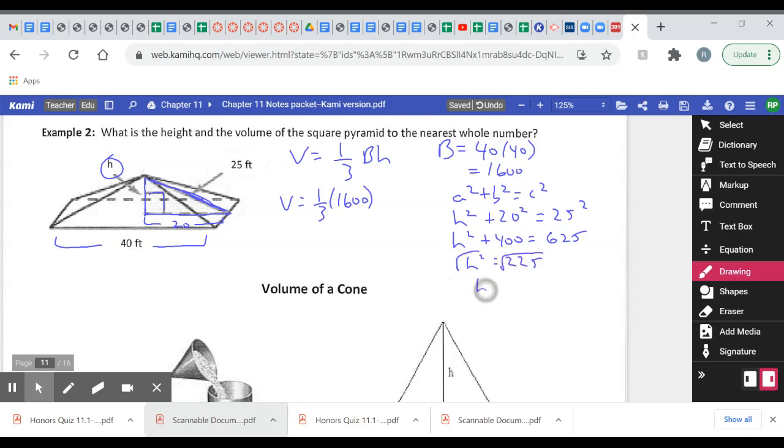And if I take the square root of both sides, I get h equals 15. So that is my height. I can plug that in for the height here. And if I go ahead and multiply 1,600 times 15 equals, divided by 3, I get 8,000 feet cubed.